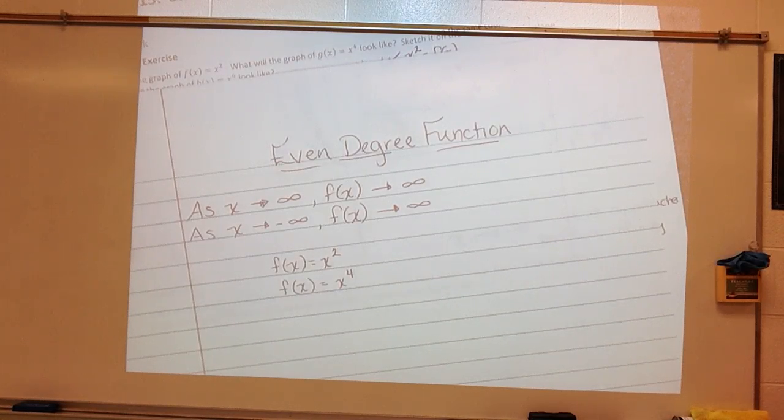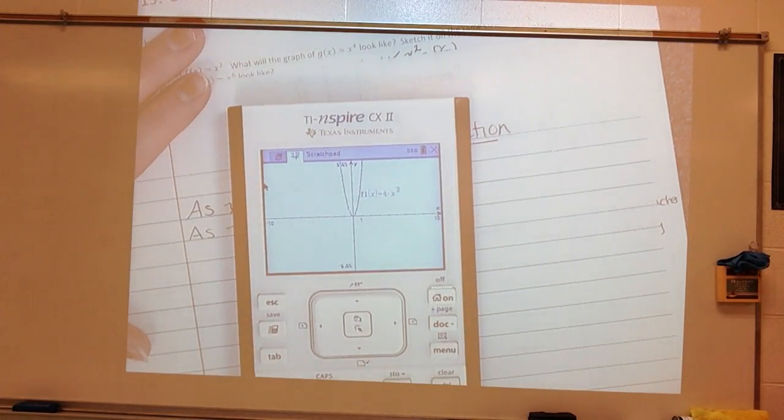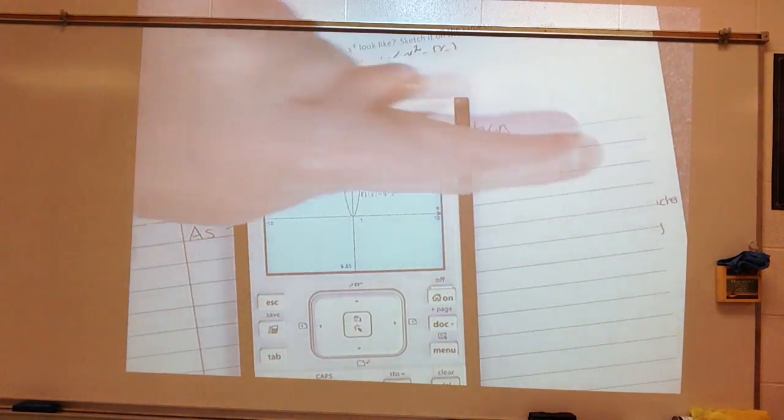Let's do 4x squared. Alright, look at 4x squared. It's a positive, it's an even degree function, so therefore it is still approaching positive infinity on the positive side.